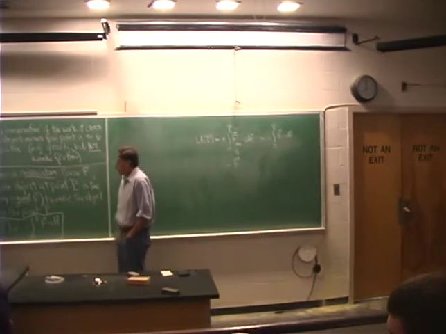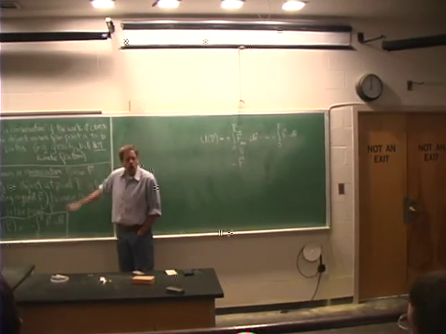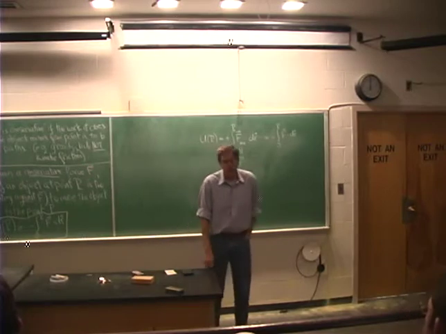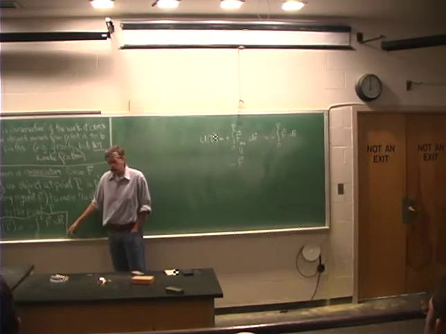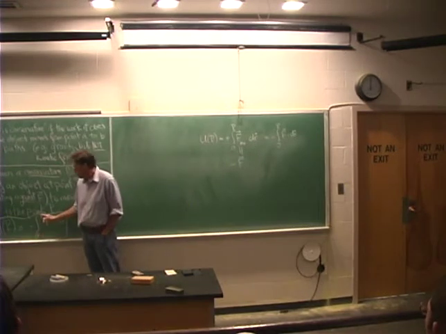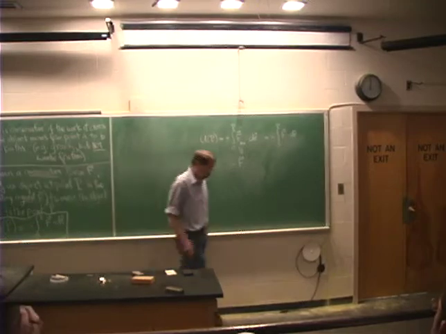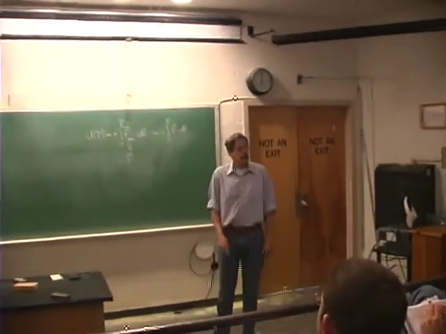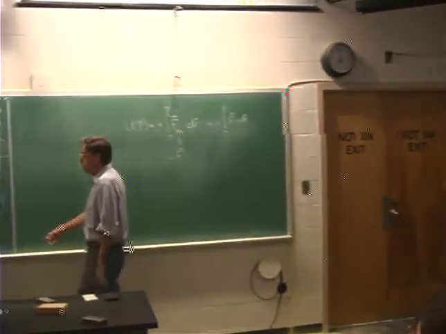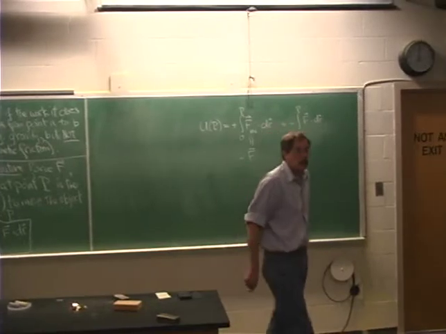Third item, why did I have to say conservative force here? I had to say conservative force because if you've got a non-conservative force, then this integral would depend entirely on how you went from O up to P. The amount of work done would depend on the path you took from the reference point to the point in question. Therefore, this wouldn't define anything. Somebody else could get a completely different answer to what potential energy is at some point by taking a different route up there.